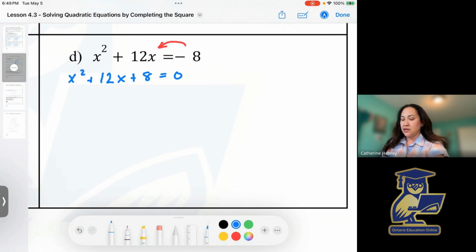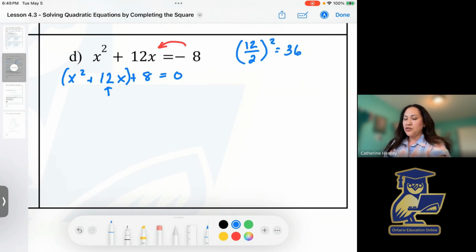So we're going to start by grouping the first two terms. And we're going to take a look at the middle term's coefficient, which is 12. So I'll take 12, I'll divide it by 2, and then I square it. So I get 36 here. I'm going back to my function, x squared plus 12x. Now I add 36 and I subtract the 36.